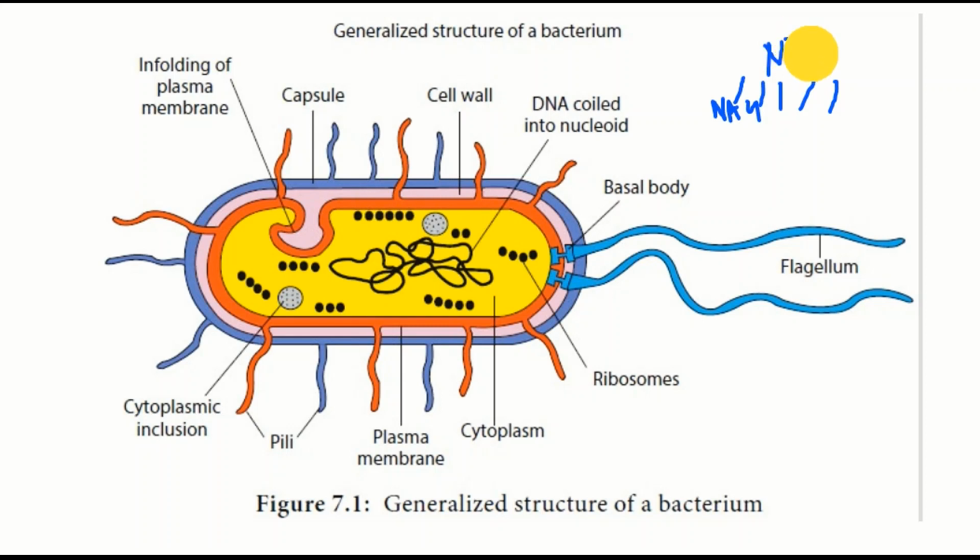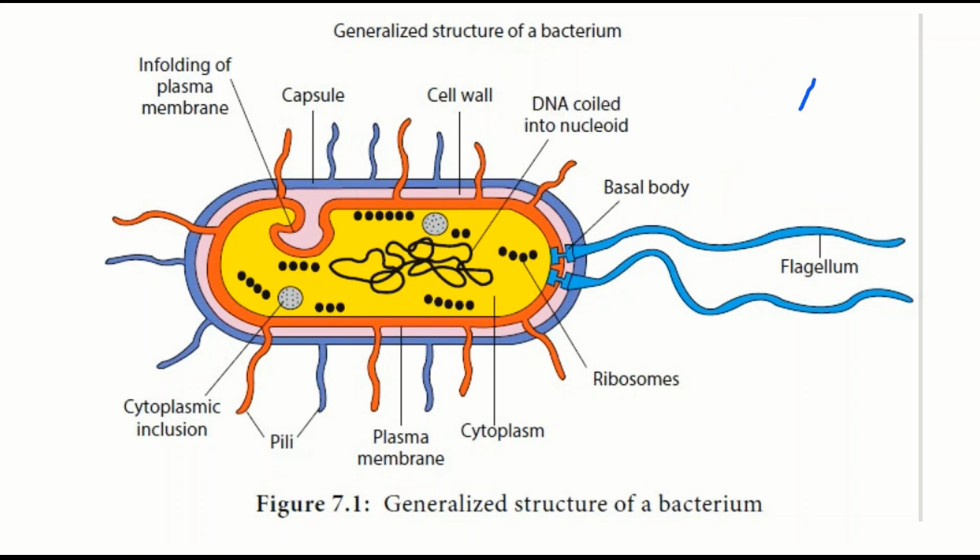Because of this, the cell wall is able to give the rigid structure to the cell, and these chains are embedded with polyalcohols. That's why they form teichoic acids, and when these teichoic acids combine with lipids, it forms lipoteichoic acid. So this is the whole principle behind the rigidity of the cell wall.